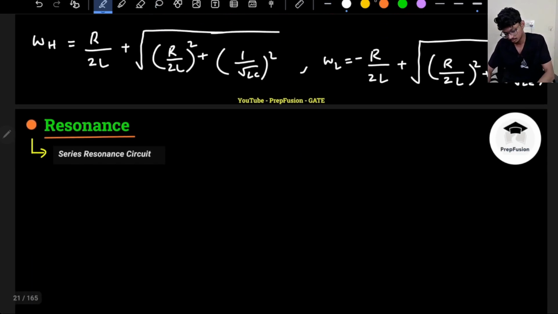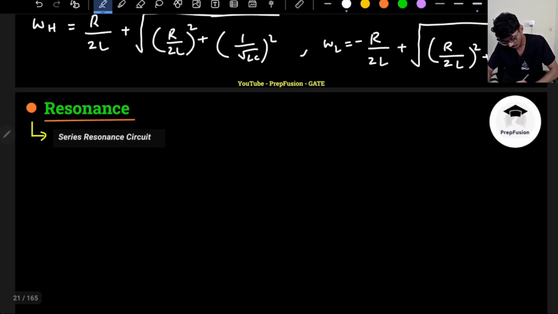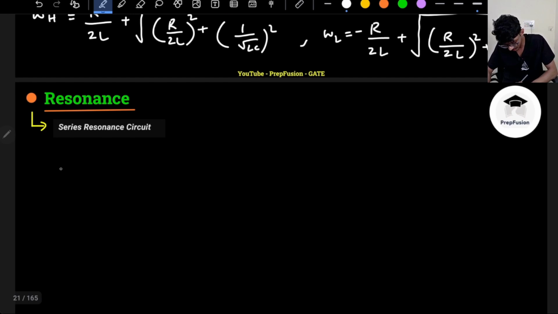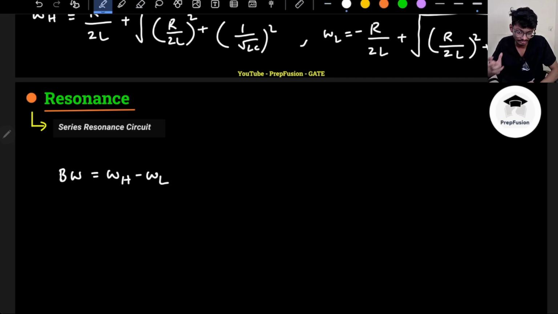Now what we can comment on is the relation that I told you. What is bandwidth? Bandwidth is the difference between the higher cutoff frequency and the lower cutoff frequency, omega H minus omega L. Don't worry if you don't know the physical significance of bandwidth. This will be cleared up in analog electronics and in signals as well, basically in the filters chapter.